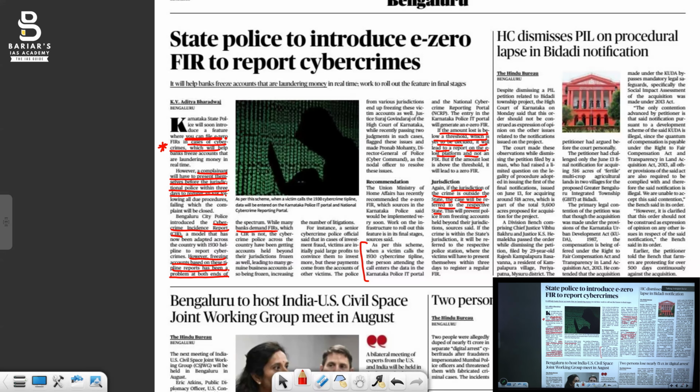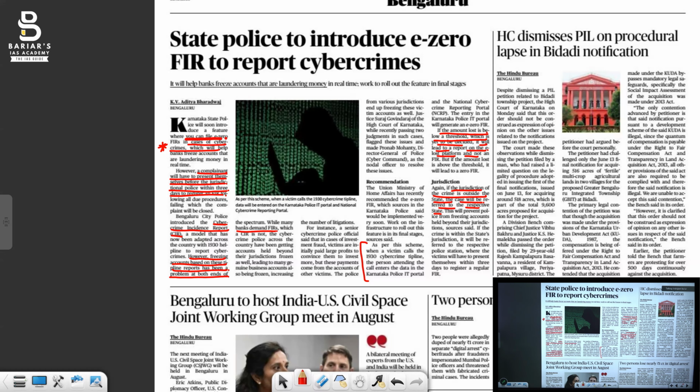You can report a cyber crime online, but that does not amount to an FIR. It was a CIR, not an FIR. If you have to get an FIR done, you will have to go to the police station to file it. That was the conventional way of getting FIRs lodged.